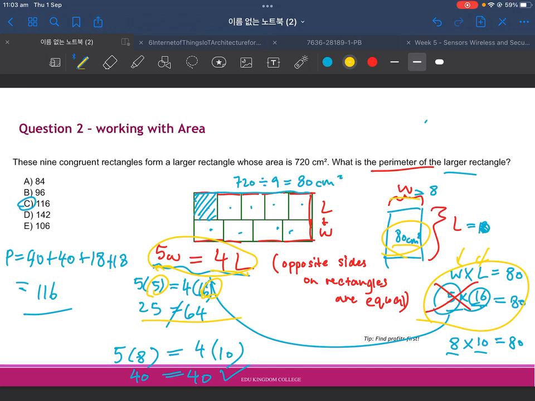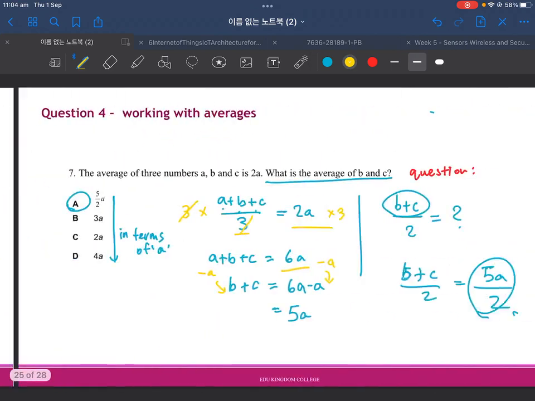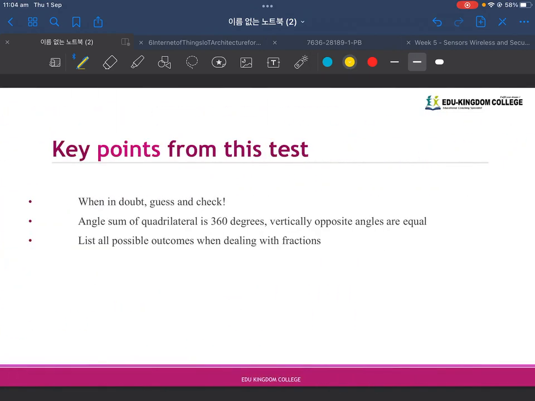So first we tried 5 and 16. Although 5 and 16 multiplied together was indeed 80, 5w, so 5 times 5, was not equal to 4 times 16. So we concluded that can't be the pair we're looking for. So we tried 8 and 10, and surely enough, it did work. So in that manner, I want you guys to use guess and check when you don't know how to solve it any other way.